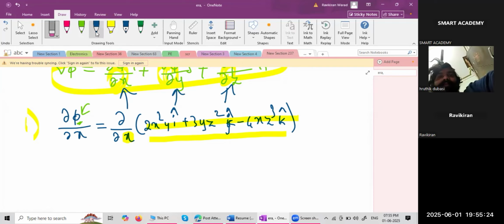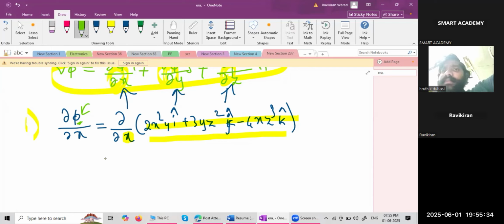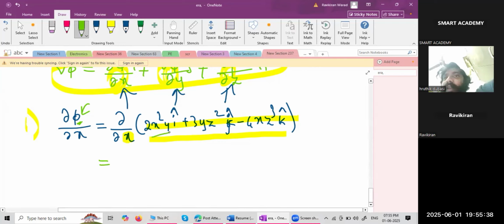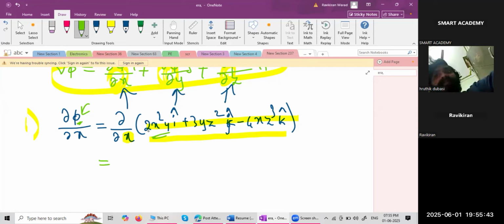Do you know the basic formulas of differentiation, d by dx? The first term is 2x square y. Can I differentiate x square?